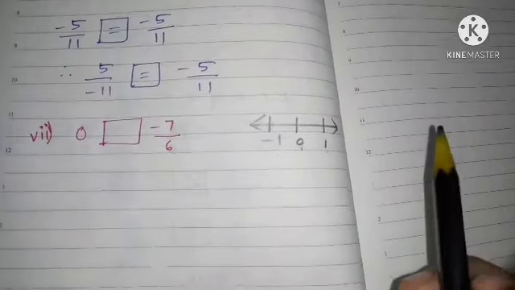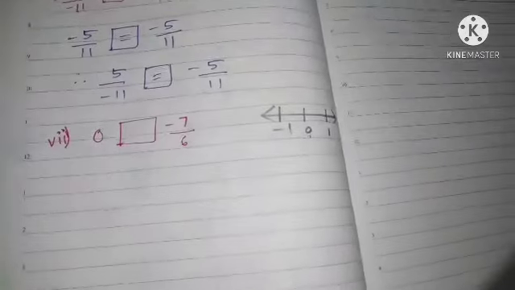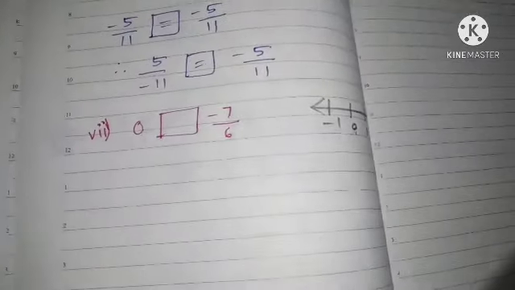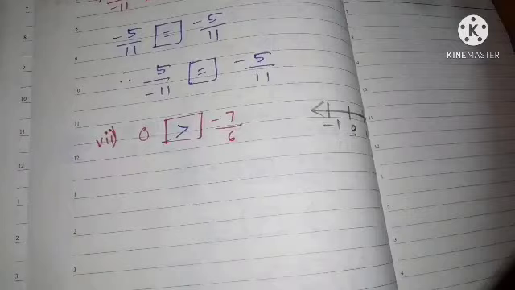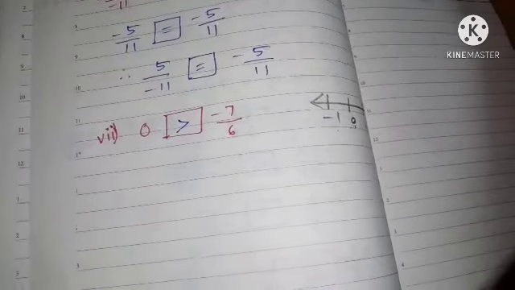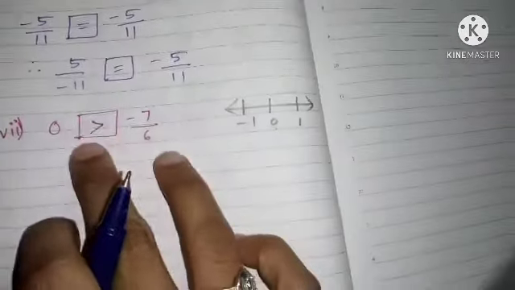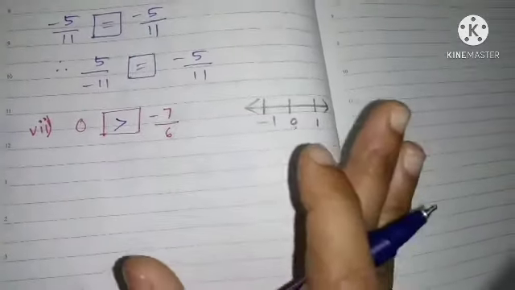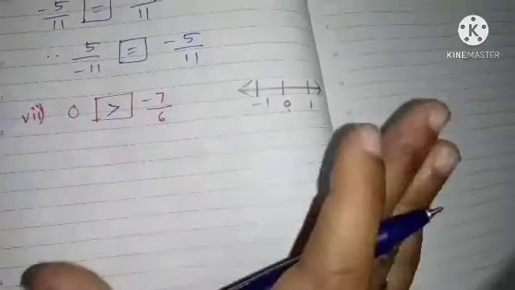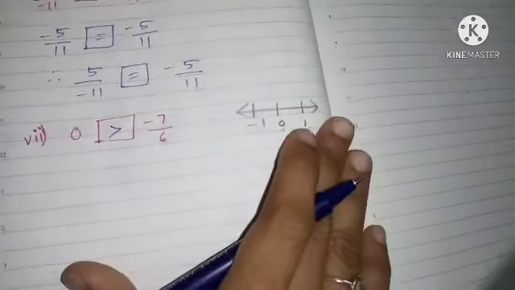So we can say that here 0 is greater than minus 7 by 6. Always keep it in your mind, children: when 0 and a negative number are given, we write that 0 is greater. But when 0 and a positive number are given, the positive number will be greater than 0. Keep that in mind while solving problems.